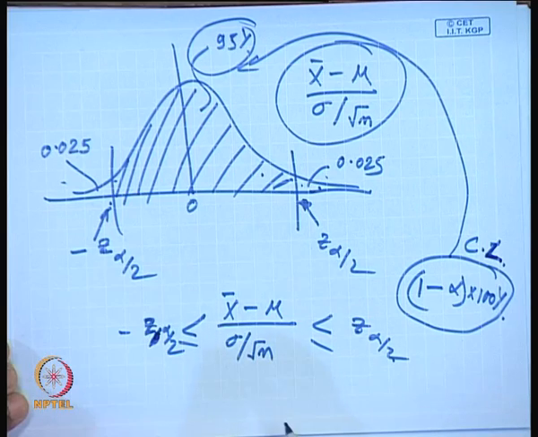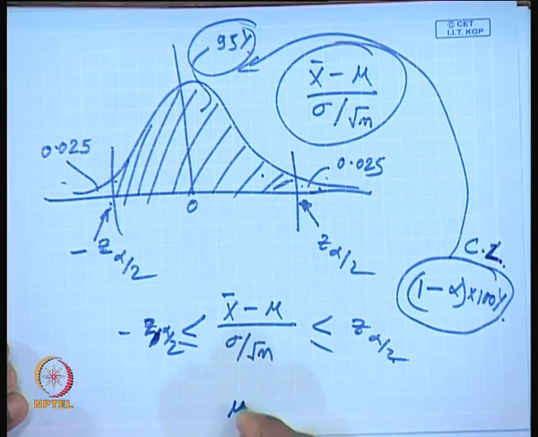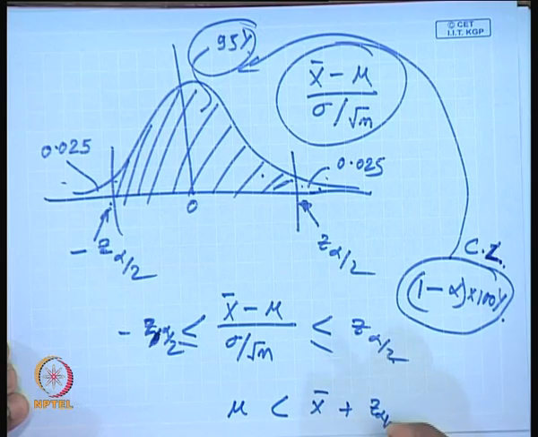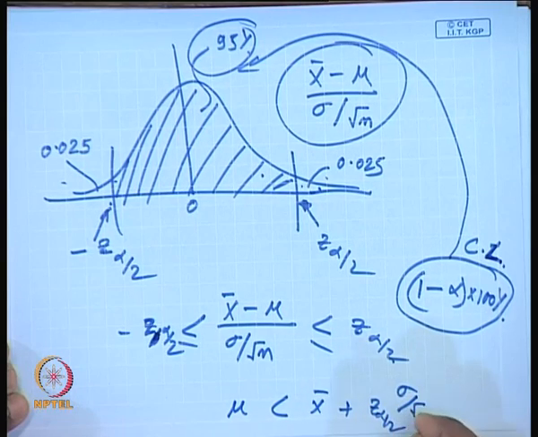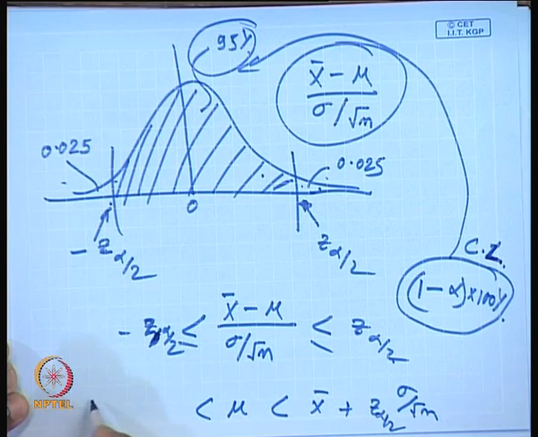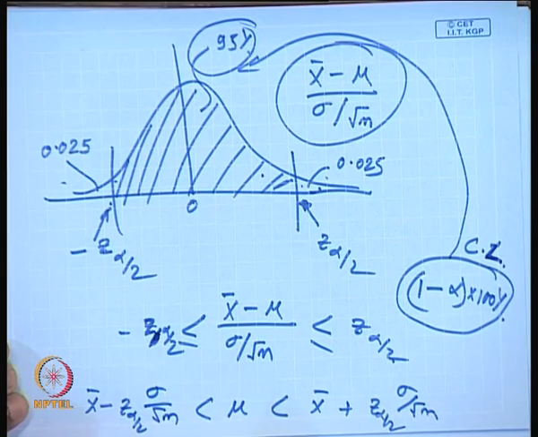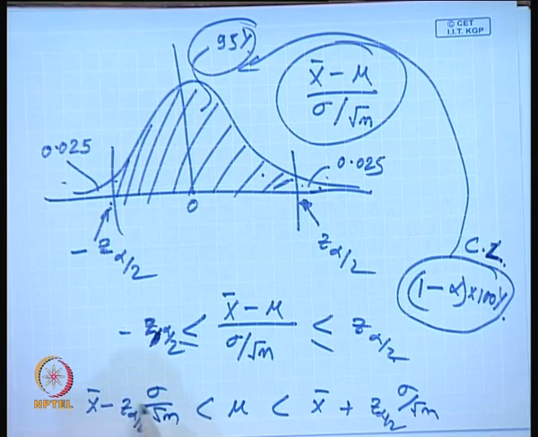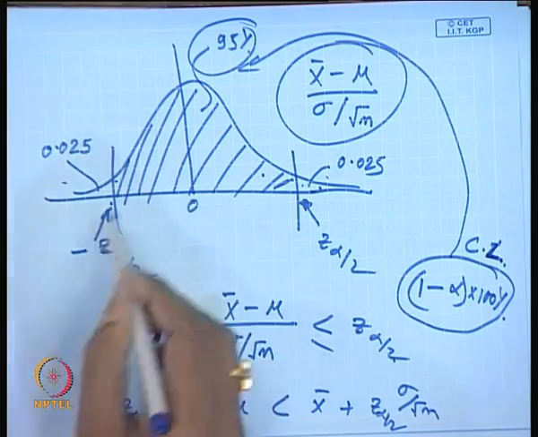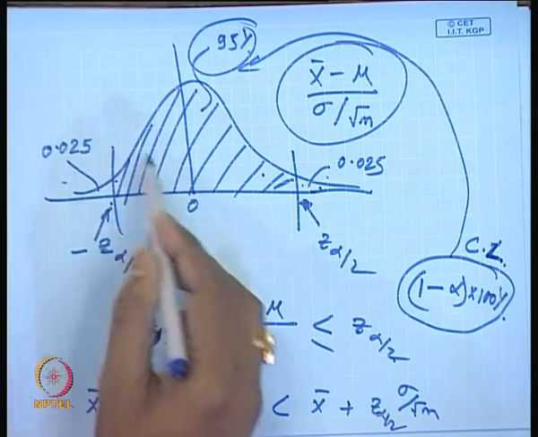Now, if I do some arithmetic change, it will come like this: mu should be equal to x bar plus z alpha by 2 sigma by square root n, and here x bar minus z alpha by 2 sigma by square root n. Remember that this z alpha by 2, when it comes to the negative side, automatically has a negative value.